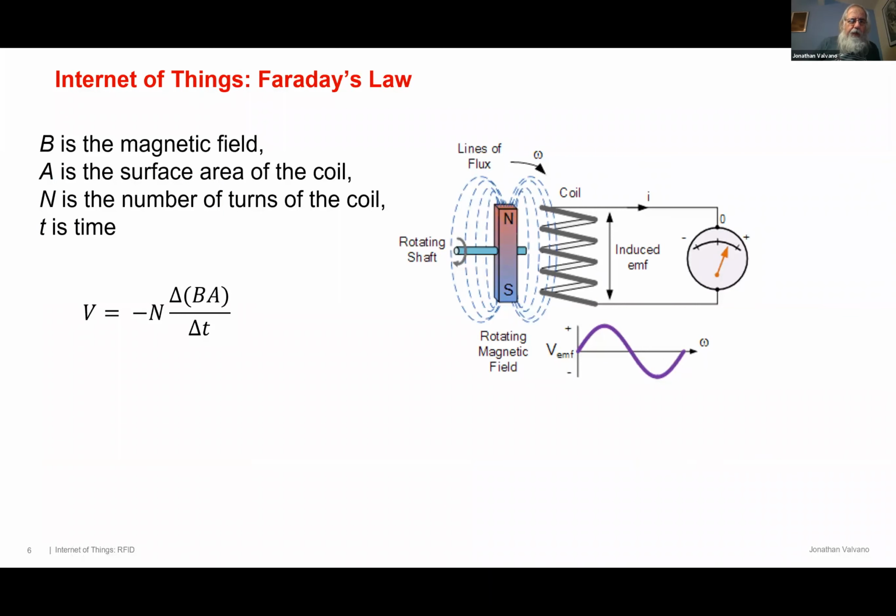N is the number of turns of the coil, and dB/dt is the flux change of the magnetic field. The magnetic field is varying in time, and that will induce a voltage on the coil. So you're going to see an AC magnetic field producing an AC voltage on the coil. That's Faraday's law.